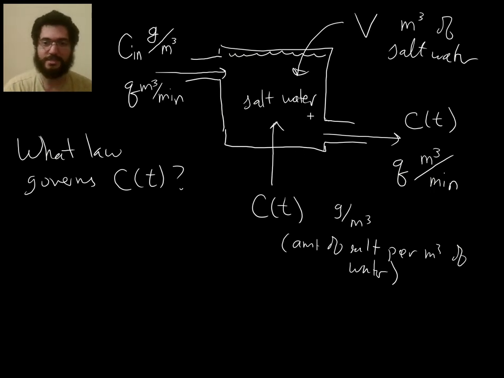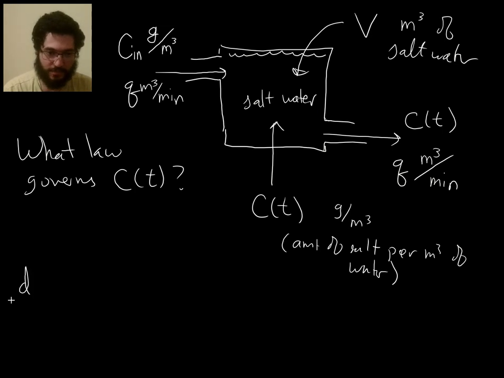What is interesting is what you get when you demand that the total amount of salt in the universe here, in this little universe, be conserved. Salt can never be created or destroyed. So let's write that down.